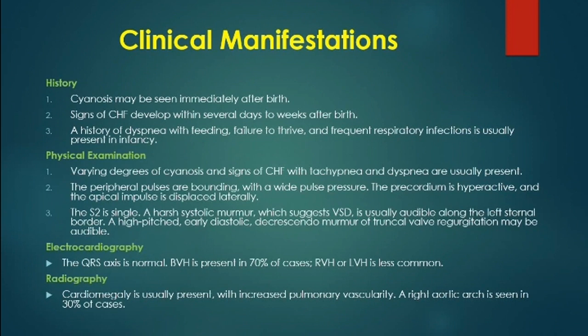There is a single second sound, systolic murmur of VSD, and an early diastolic murmur of truncal valve regurgitation may be audible. ECG shows a normal QRS axis, biventricular hypertrophy in most cases. Chest X-ray reveals cardiomegaly with increased pulmonary vascular markings. Right-sided arch may be seen in 30% of cases.